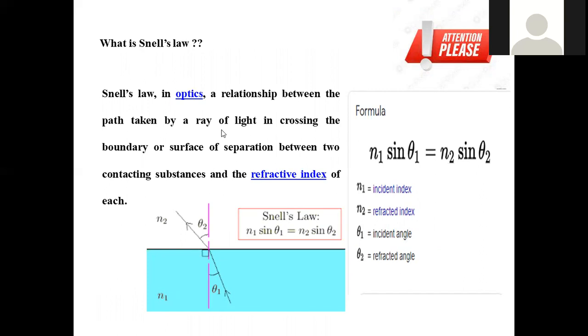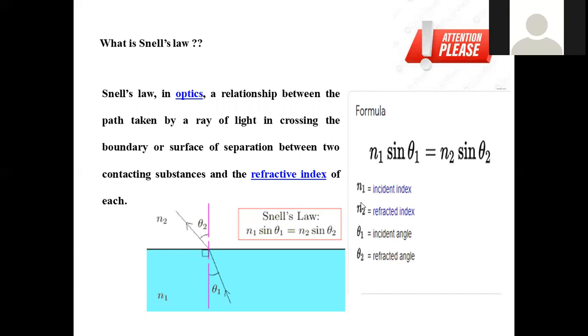So in which path the light ray is moving, what angle it generates, and what its corresponding refractive index is. It is purely related with refraction of light, so the path as well as the angle taken by the light ray, with respect to its refractive index.